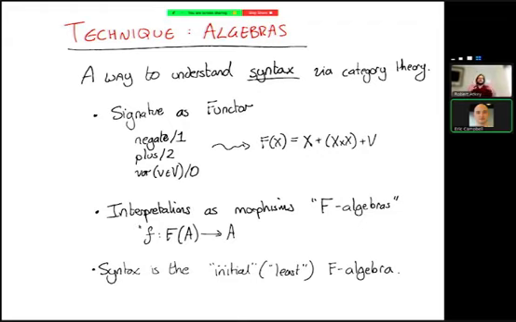This is the categorical idea. We interpret things using the language of category theory, but trying to put things together. So here we're using the fact that functors are morphisms between categories, but then we have a morphism from that functor into the identity one, and this is called an F-algebra. If you imagine this is doing something a bit like the data that you would give to a fold. And then we can define syntax as the initial or least F-algebra. So a lot of the principles in category theory are very general things like initiality, but they can be tied down to quite concrete things.